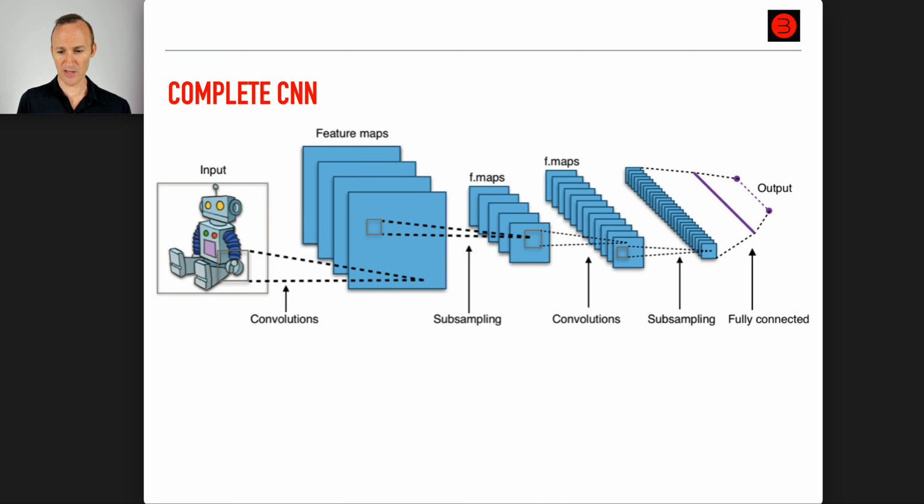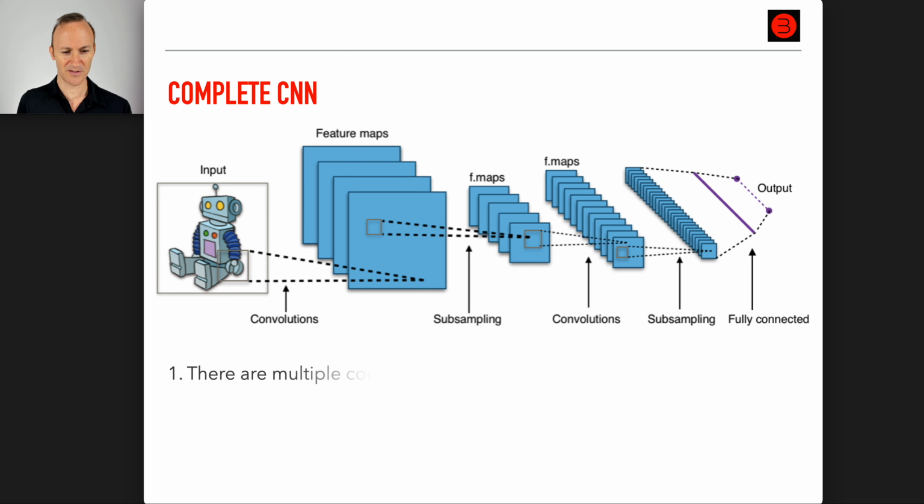We can go through another set of convolutions and another subsampling. And then at the very end, we actually do use the old trick of a fully connected layer back to the one-dimensional pixel classification for the output. Okay, but doing it like this has been shown to be hugely beneficial, meaning you get much better accuracy.